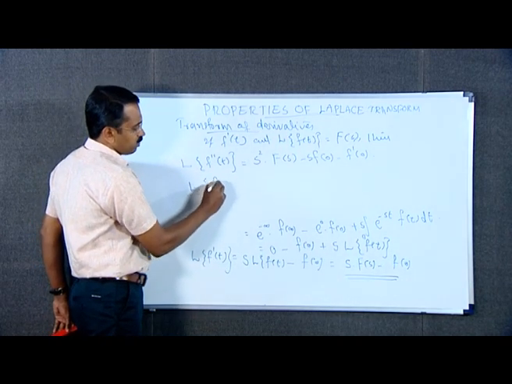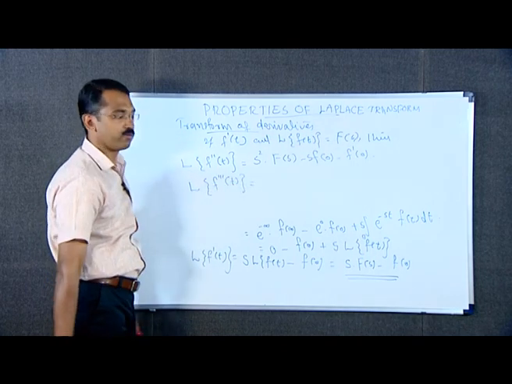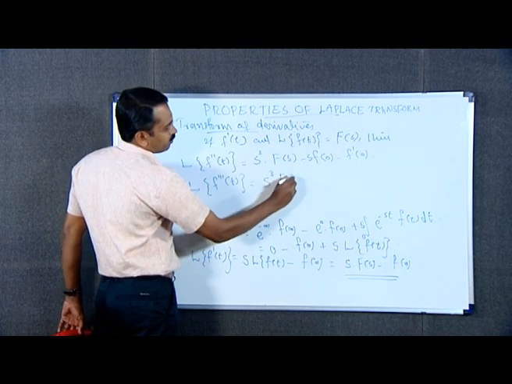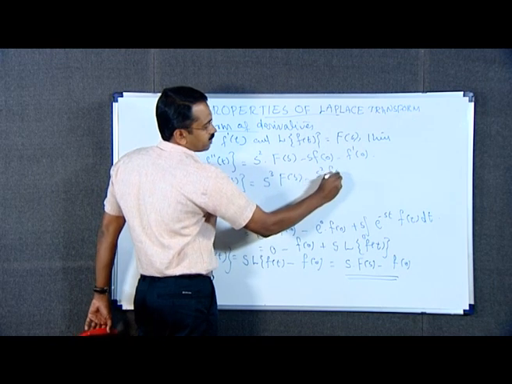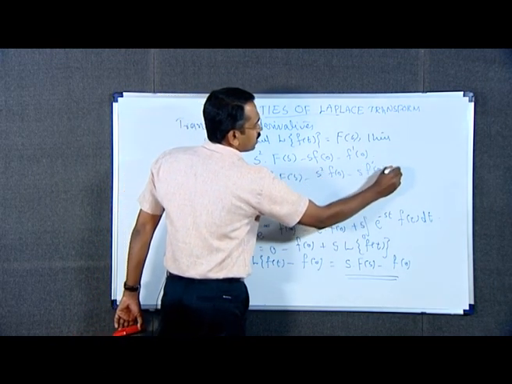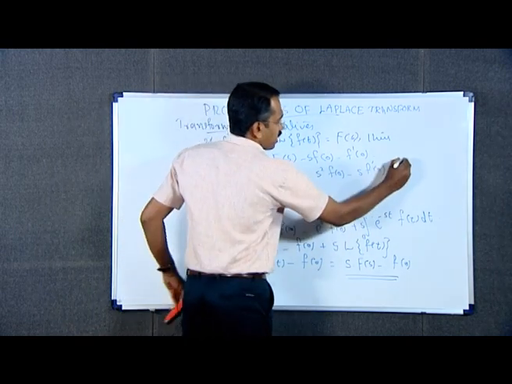And Laplace transform of f triple dash of t, that is the third derivative of f of t, is equal to s cube into F of s minus s square into f of 0 minus s into f dash of 0 minus f double dash at 0, and so on.